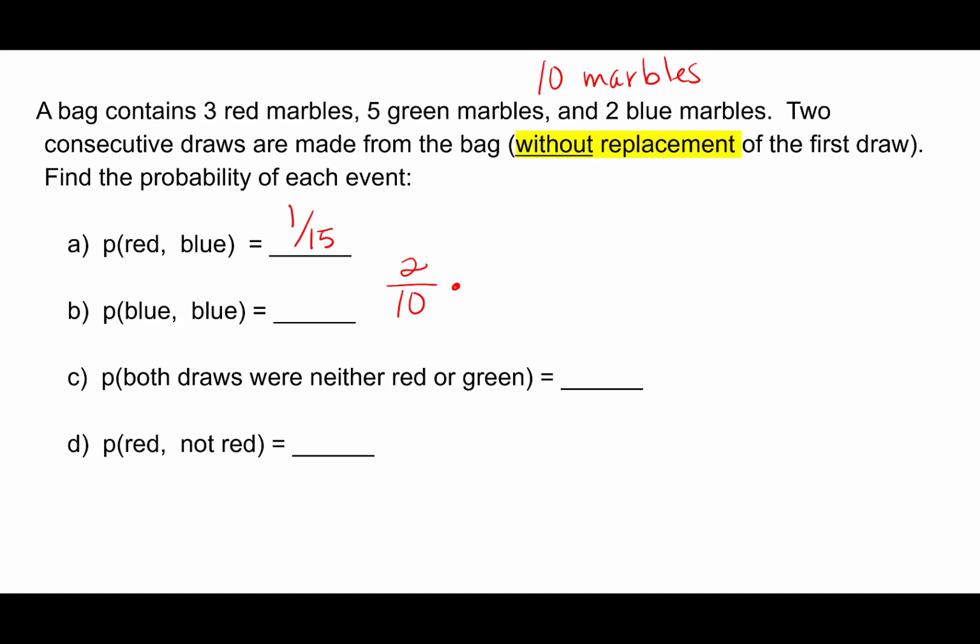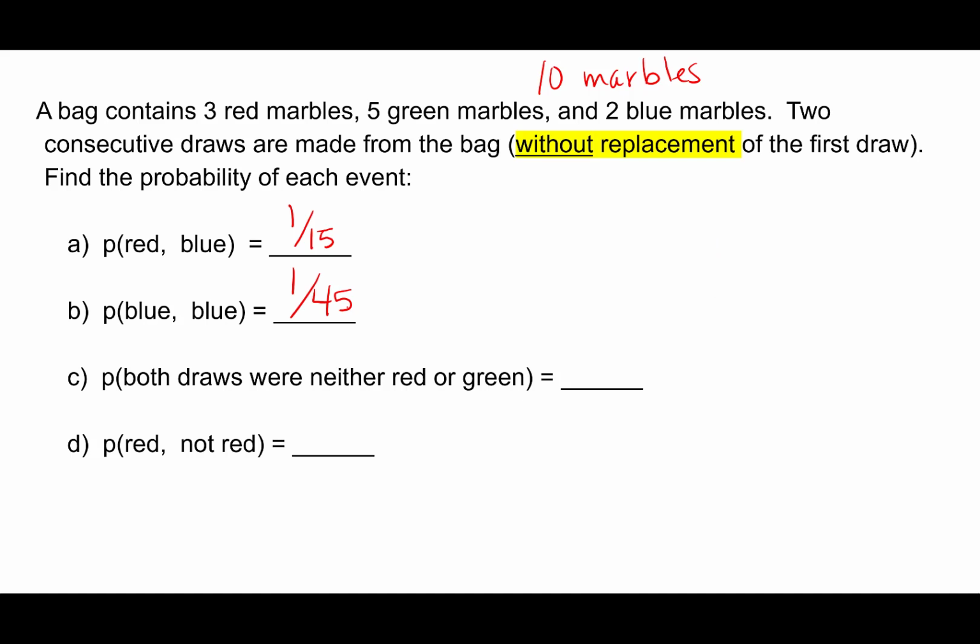We already took a blue away from the bag, and so we know from the previous problem the denominator will be out of 9 marbles. But do you see that because it was specifically a blue, we no longer have 2 blue marbles in the bag. We only have 1, so my numerator will be 1. Multiply that straight across to get 2 over 90, and then simplify that to the fraction 1 over 45.